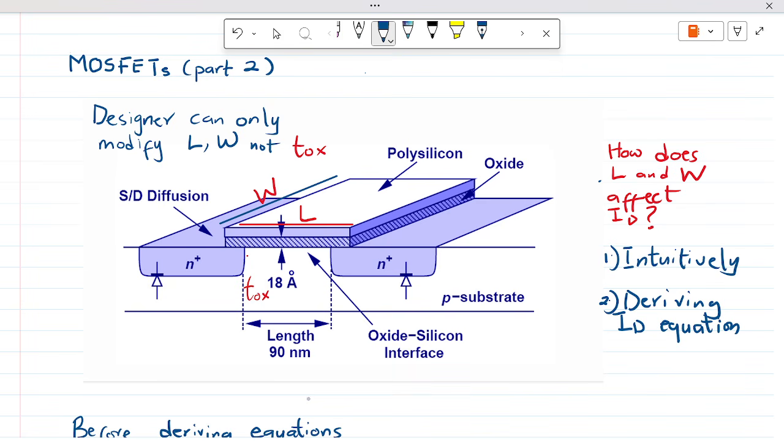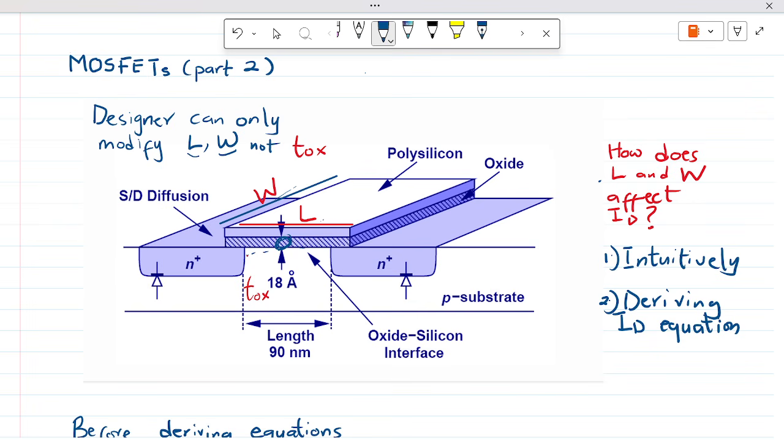Okay, so as a designer, when you draw out your circuit before sending it to the fabrication center, you have the ability to change the length and the width of the MOSFET on the chip. As discussed earlier, the width is given by this dimension and the length of the channel is given by L, as shown.